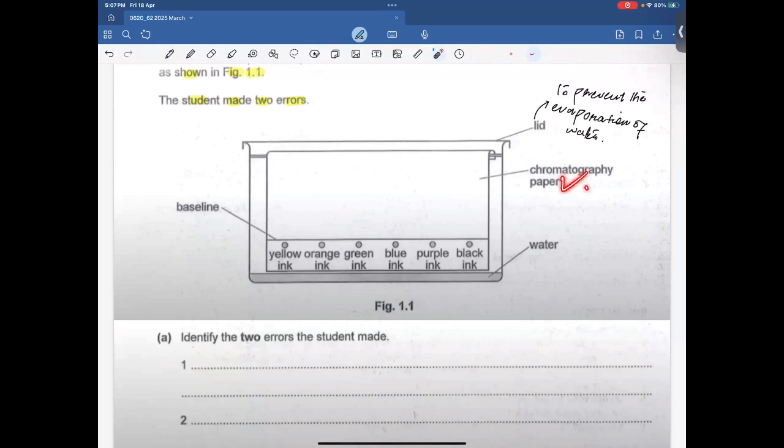Second, chromatography paper is fine. First is, ये जो baseline है, usually on that baseline we need to mark the sample spots. और यहाँ पर जो sample spots हैं वो below the baseline draw कर दिए गए हैं, which is wrong.